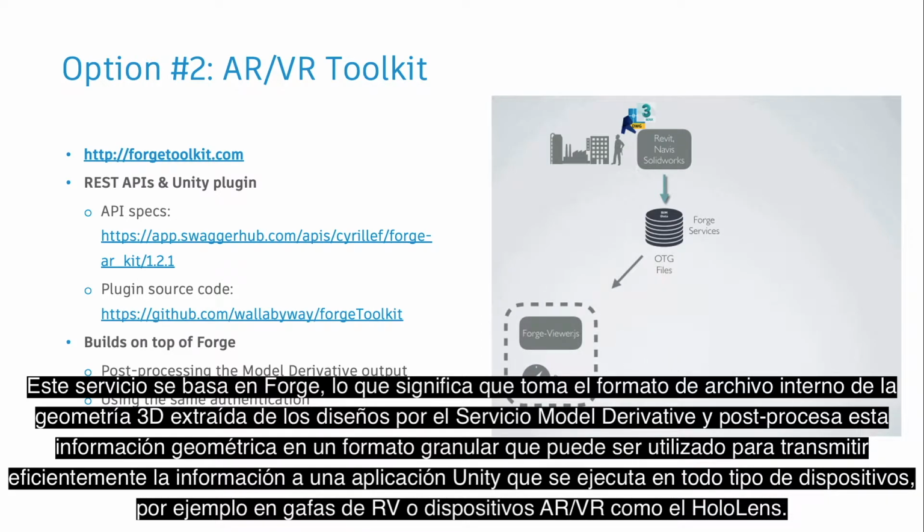The service builds on top of Forge, meaning that it takes the internal file format for 3D geometry extracted from your designs by the model derivative service, and it post-processes this geometry information in a granular format that can then be used to efficiently stream the information to a Unity application running on all sorts of devices, for example, on VR goggles or AR/VR devices such as HoloLens.